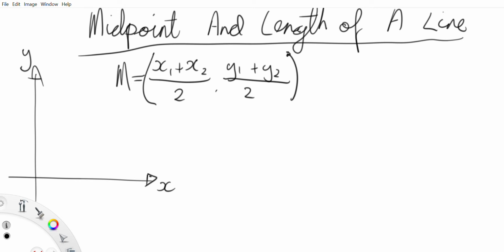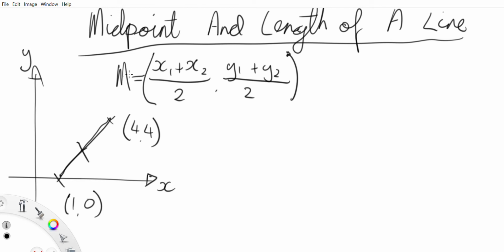So let's say we were given coordinates of 1, 0, and 4, 4. Those two points. We need to find out where this midpoint is in the middle.